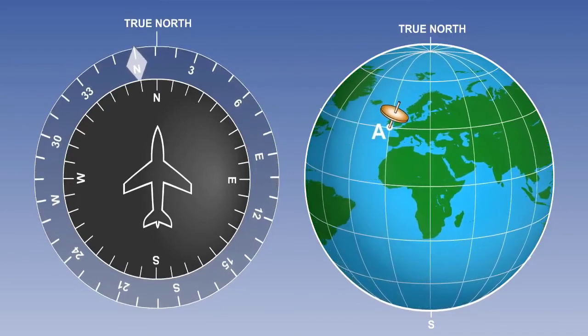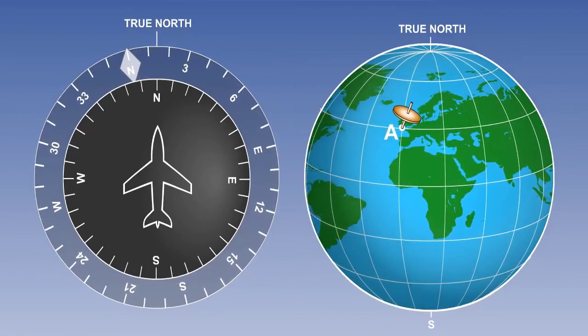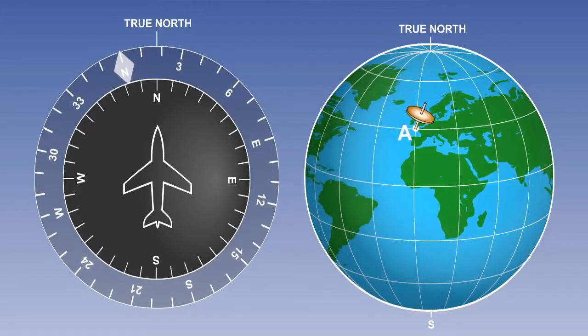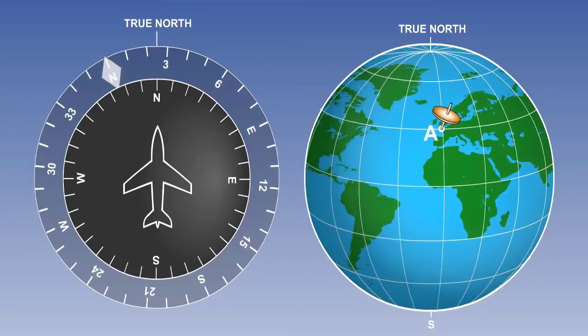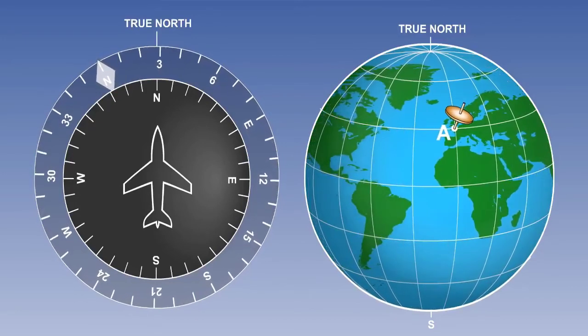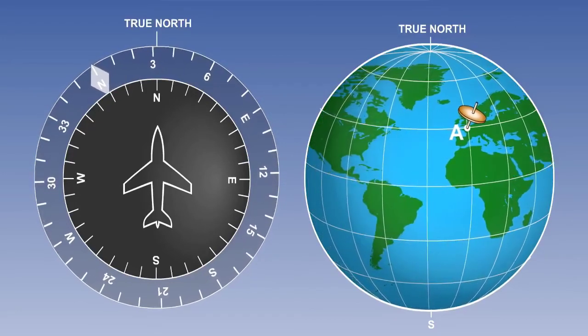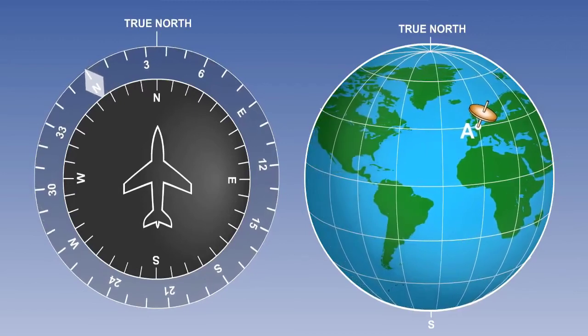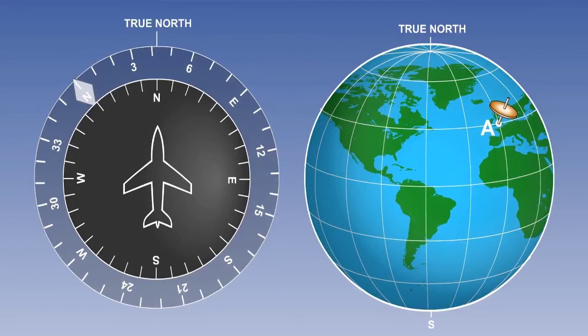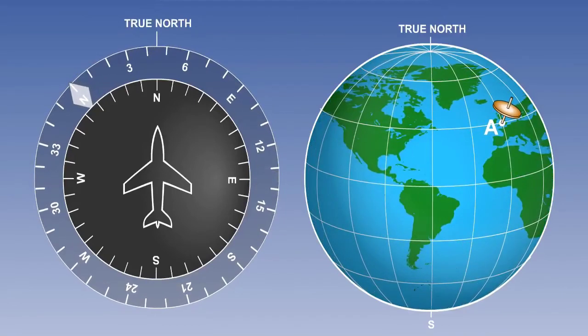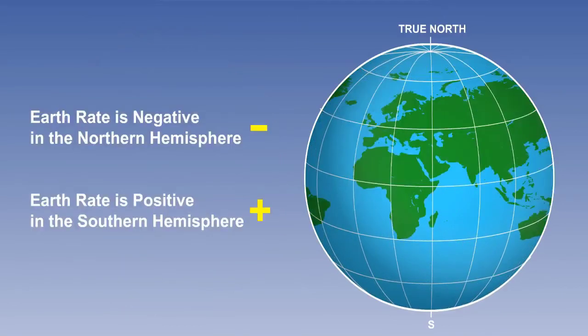In effect, the direction in which the gyro is pointing remains fixed in space, but to an earthbound observer, it is the direction of true north which remains fixed. It will appear to the observer, therefore, that relative to true north, our DGI reading has decreased. This is known as apparent wander due to Earth rate. Note that apparent wander only occurs at latitudes other than the equator.